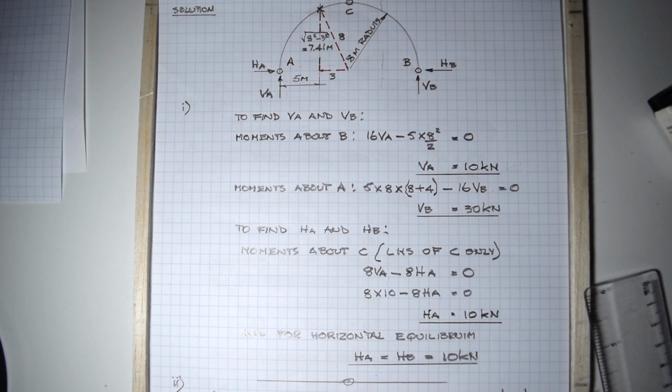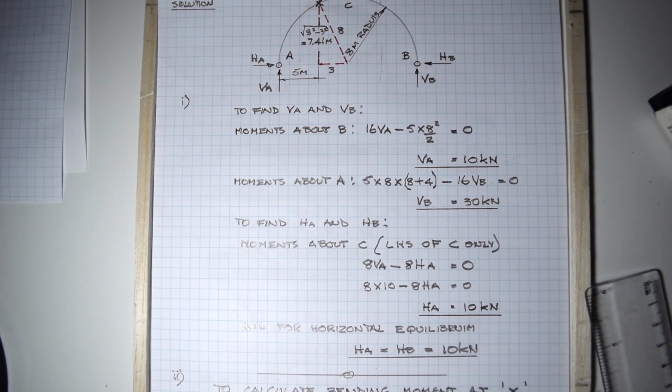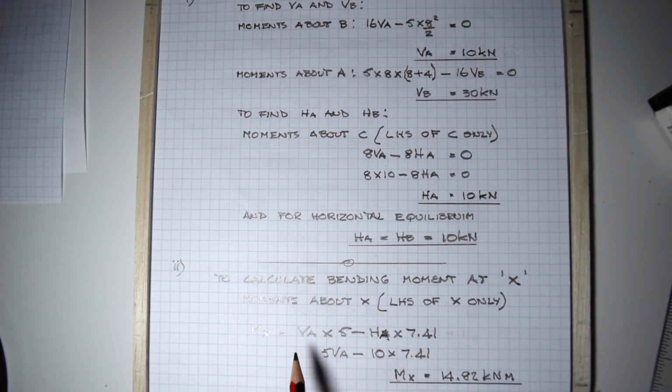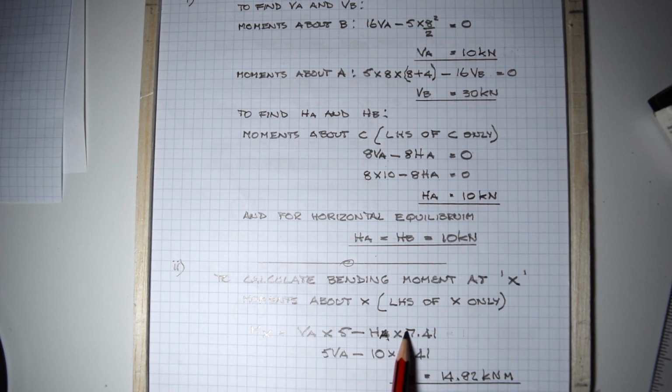HA, sorry. HA, anyway, there it is, fixed. So the moment at X equals VA times 5, the vertical force times the distance to X, minus HA times 7.41, found by Pythagoras. We substitute for VA as well, and for HA.